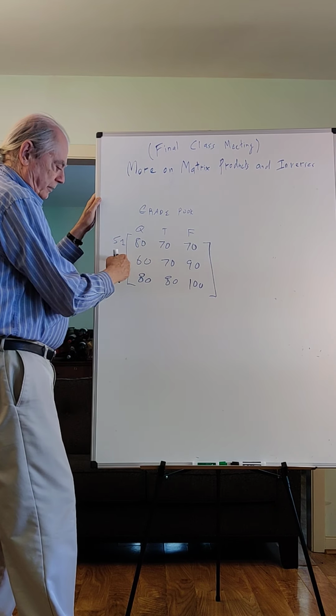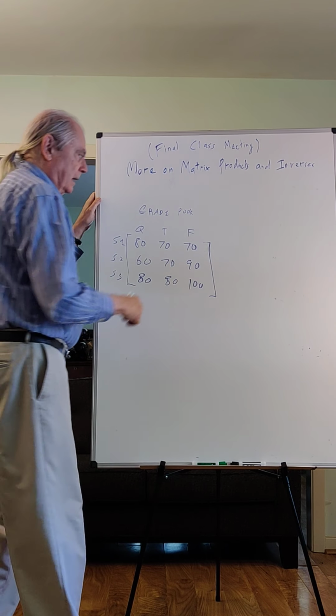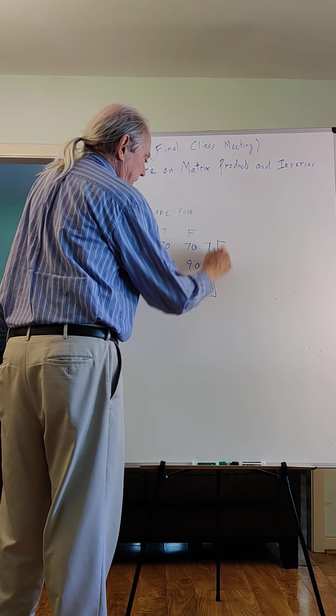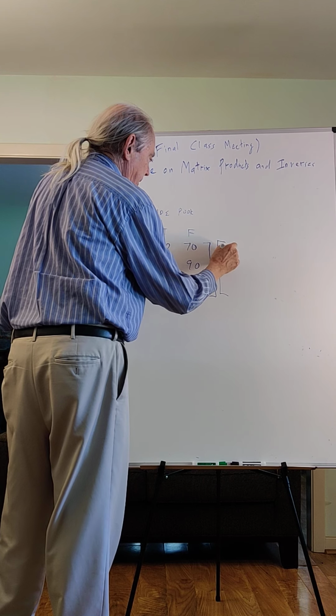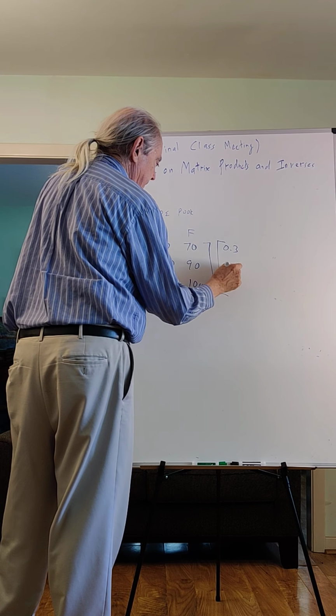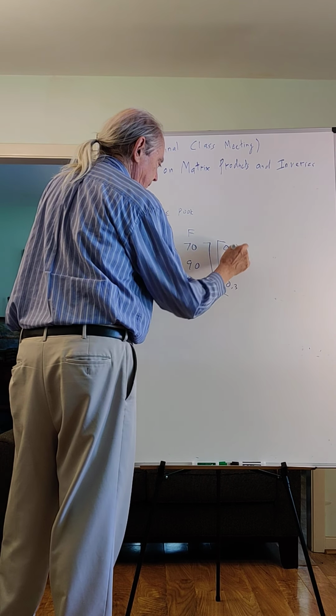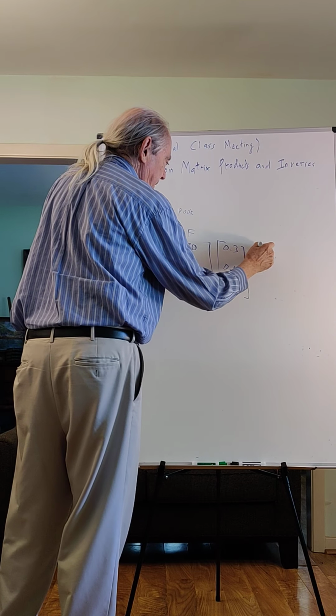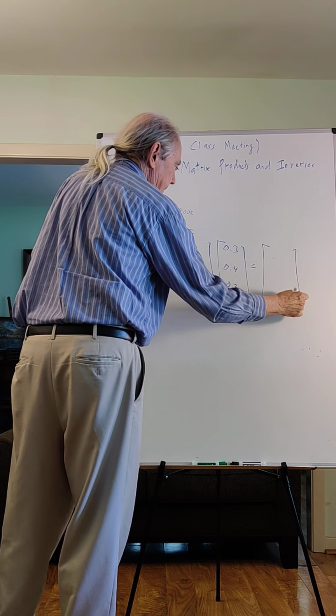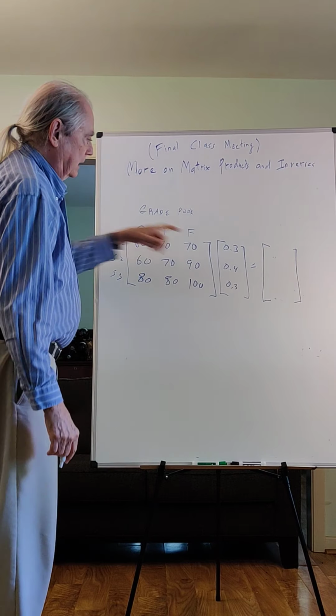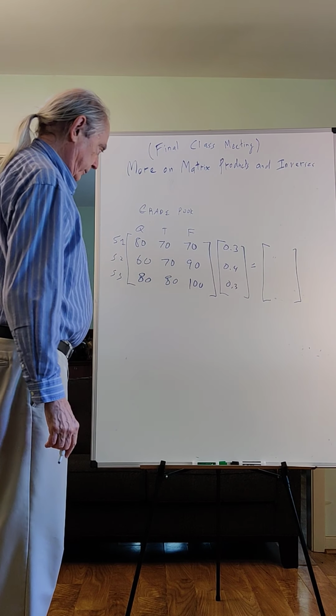Okay, so here's student 1's grade, student 2's grade, student 3's. And if over here I have 0.3, 0.4, and 0.3, when I do that multiplication, I come out with the course average of the students.